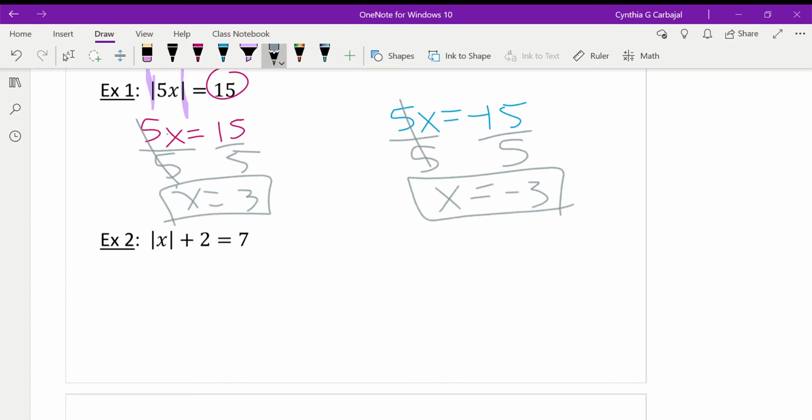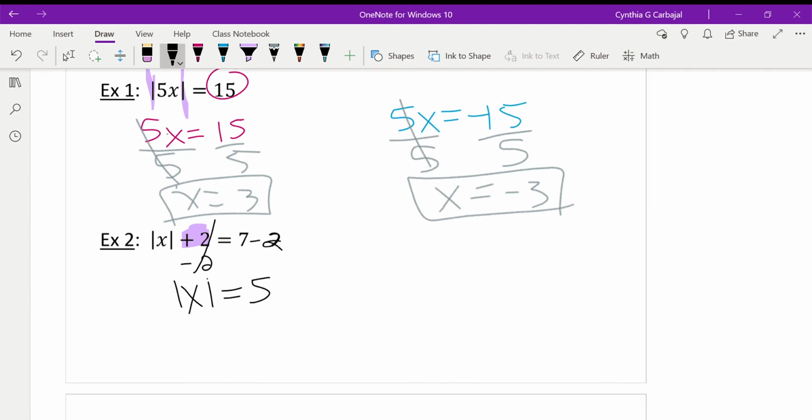Alright, in example 2, we have a plus 2 outside, so that one we have to get rid of first. So we actually have to do step 1 over here where it said isolate the absolute value. So we're going to subtract a 2, subtract a 2. The absolute value of x equals 5.